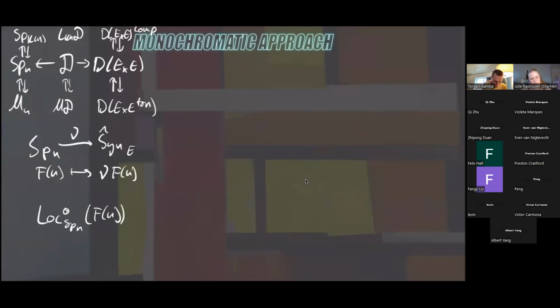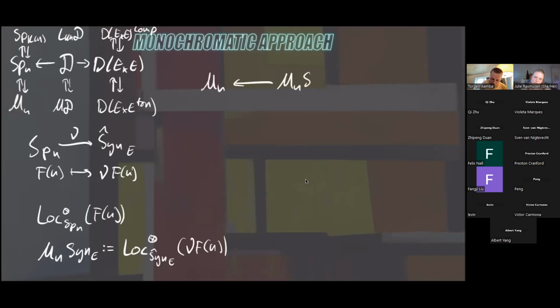So if I take my version of monochromatic synthetic spectra to be the localizing tensor ideal in hypercomplete synthetic spectra generated by the synthetic analog of FN, then I do in fact get a deformation diagram of the form MN, syn, E, and on this side, it's a nice derived category of a certain subcategory of all E star E comodules, which are torsion with respect to some naturally occurring ideal in pi0 of E. Okay, so there are ways to do this. That's the cool thing.